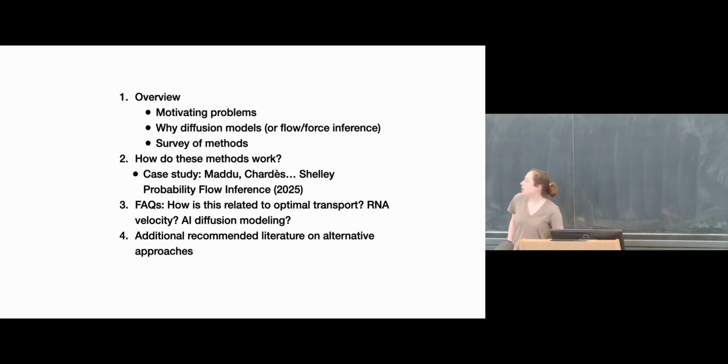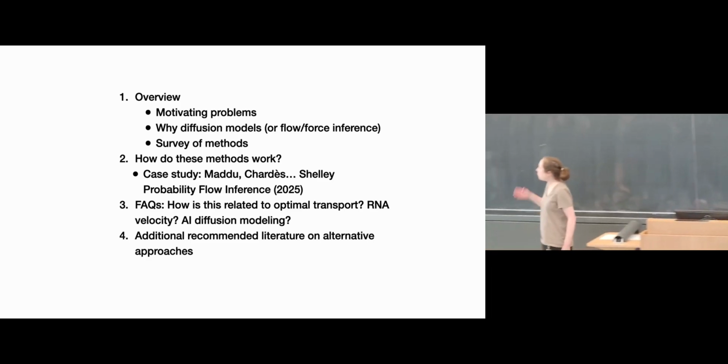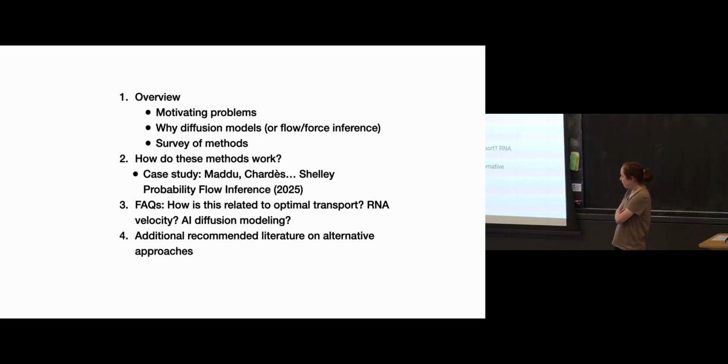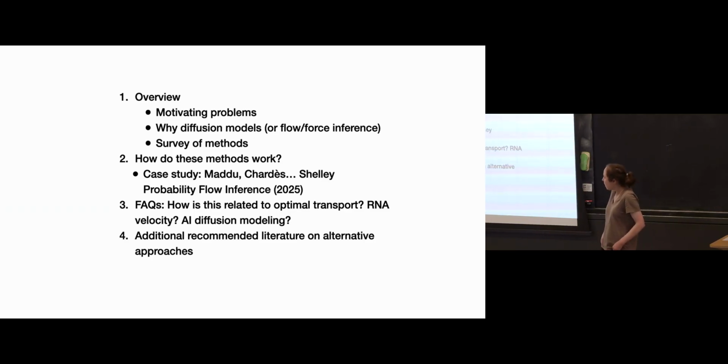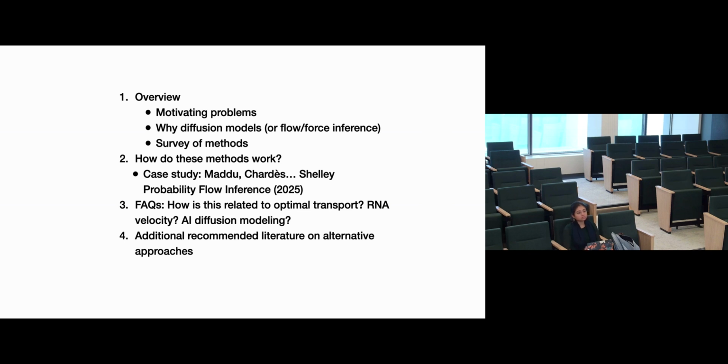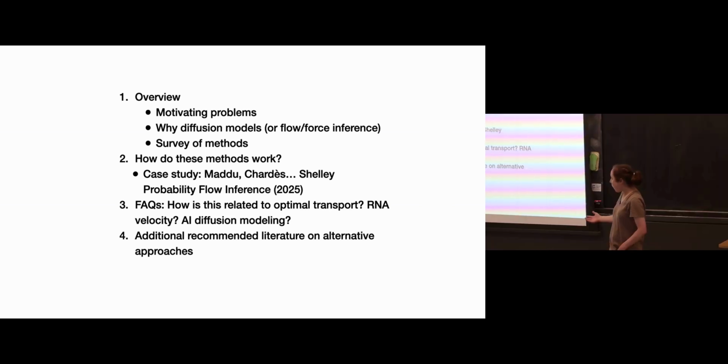So what I'm going to do is first talk about at least one specific problem that people are trying to solve with these methods. Then talk about one of the primary classes of methods that are used, which are types of diffusion models, and why, and give a survey of the quite a lot of recent methods development in this area.